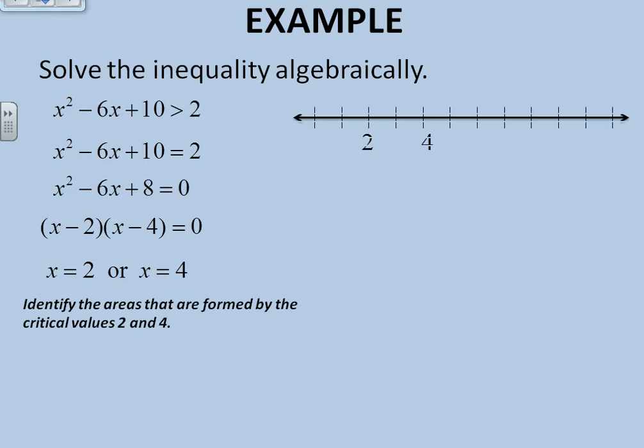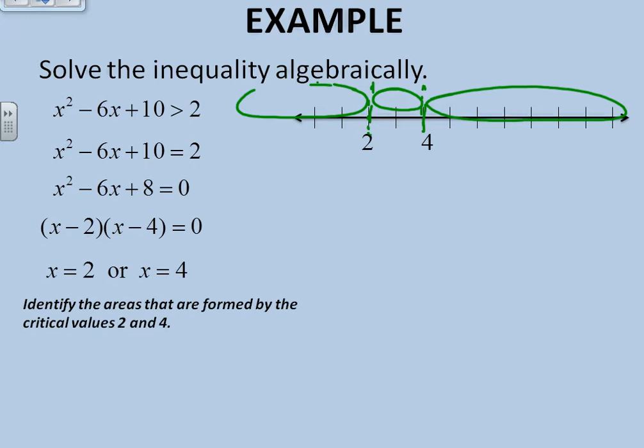So now that we've identified those, we're going to go to our graph of our number line and imagine our sections being created. We have a section out here of values that are less than 2. We have a section of values that come between 2 and 4, and we have a section of values that are greater than 4.